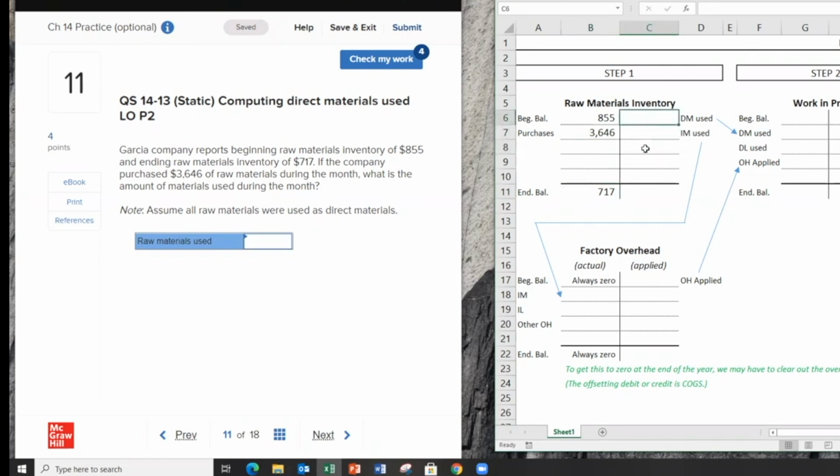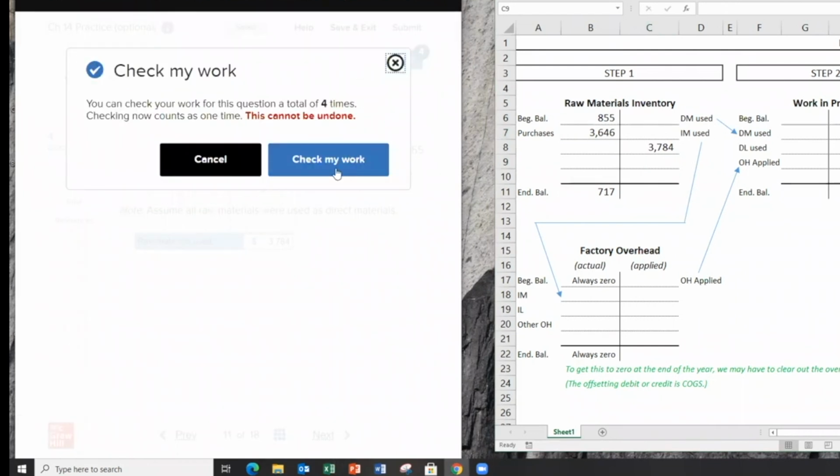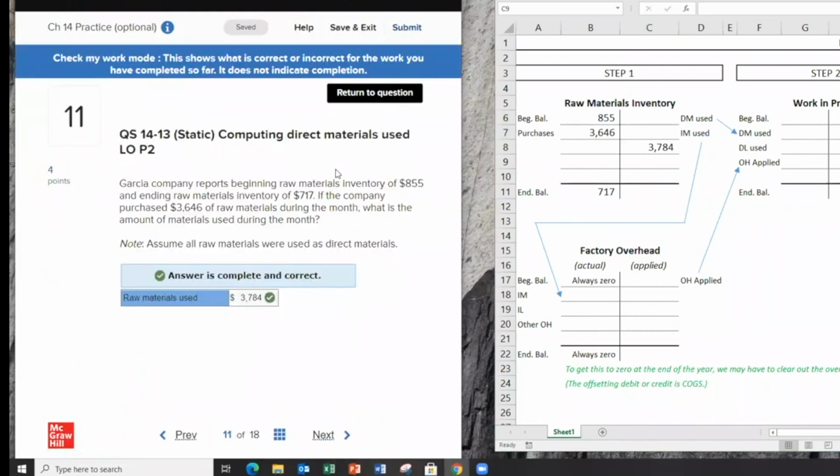So you can put it wherever you want, but basically the raw materials used is going to be that plus that minus this. So it appears that we used 3784 raw materials, which is correct.